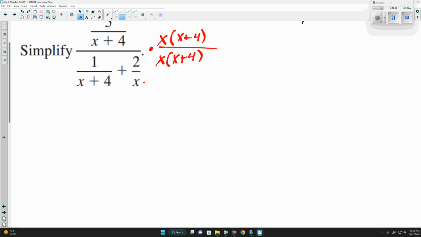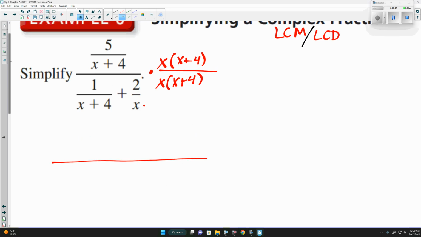Okay. Now we're going to multiply everything on top and bottom by x times x plus 4. I'm going to write this out, but most likely once we get used to seeing this, we'll just start canceling things out as we go. So for the first one, we're going to multiply by x times x plus 4. Multiply with the numerator, so we'd have 5x times x plus 4 over x plus 4.